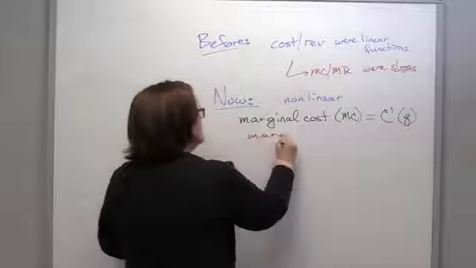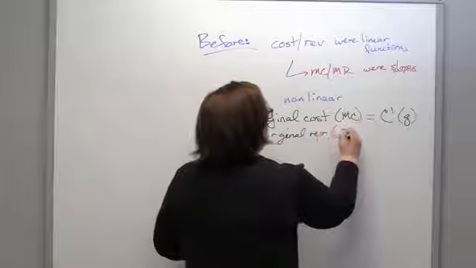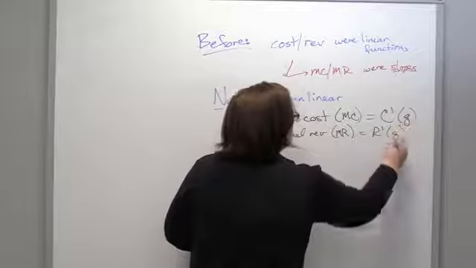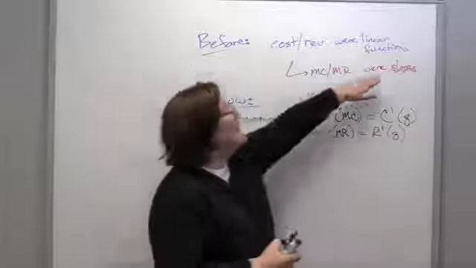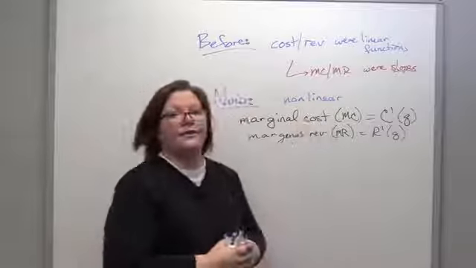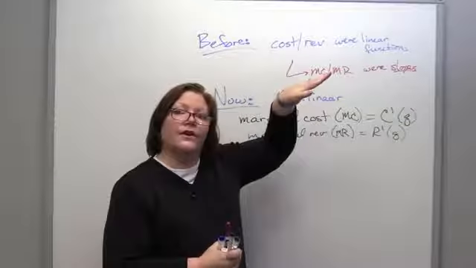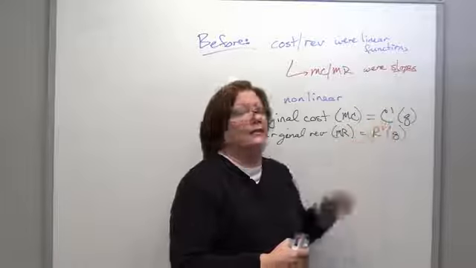Likewise, marginal revenue is going to be the derivative of your revenue function, because we still are thinking of slopes, but in nonlinear, the best we can do is, right at that moment, what is the slope of the curve? And that would be the slope of the tangent lines.